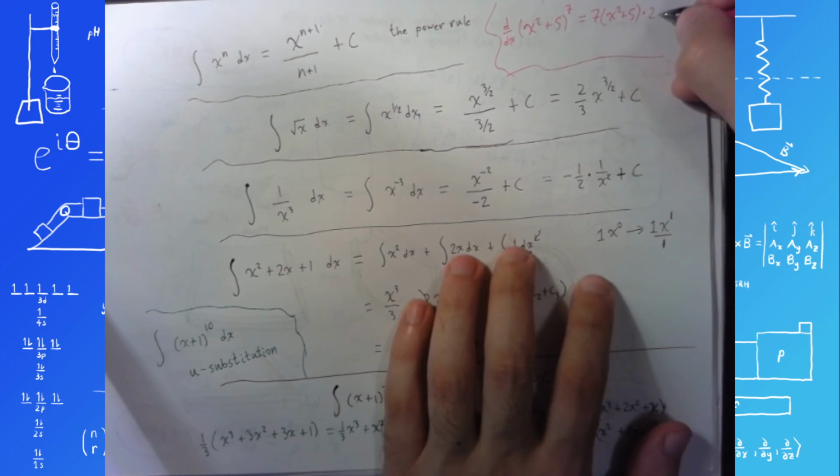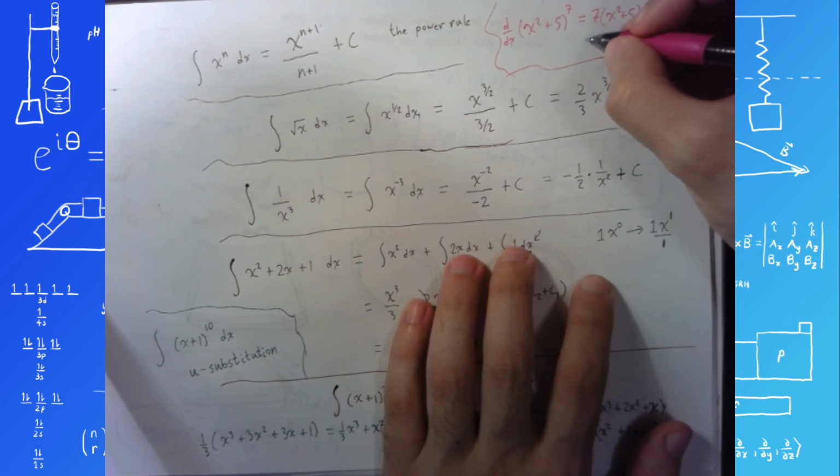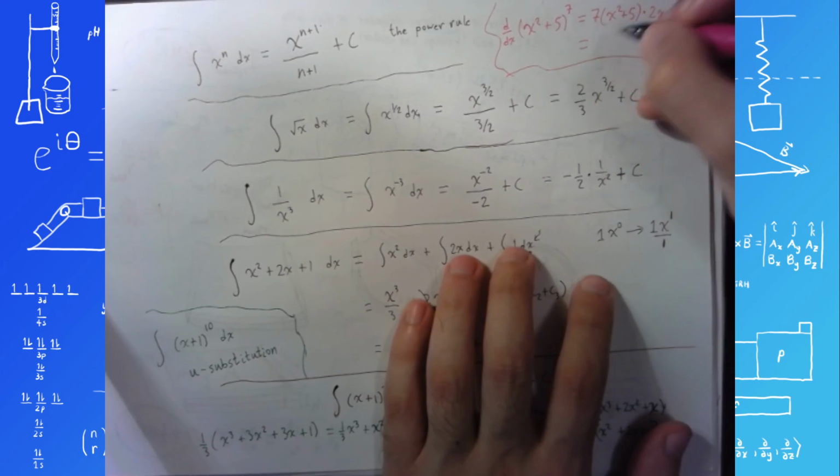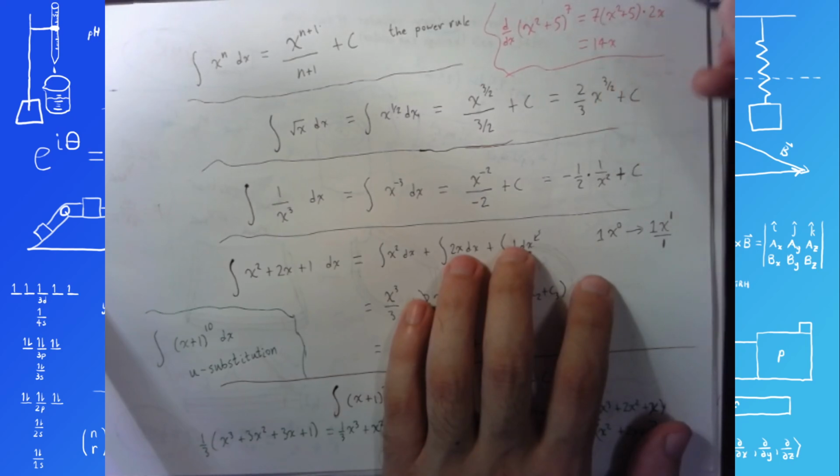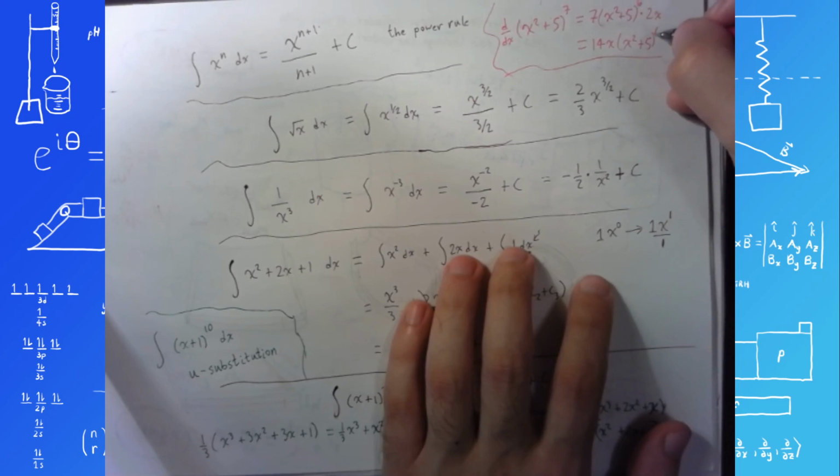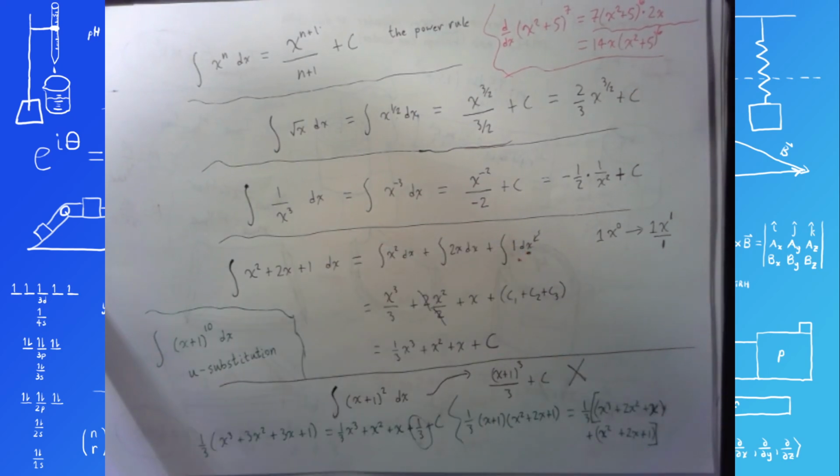Derivative of x squared is 2x, plus the derivative of 5 is 0, so just times 2x. And I guess you could simplify this and make it 14x times x squared plus 5 to the, oh, I forgot, to the 6th power.